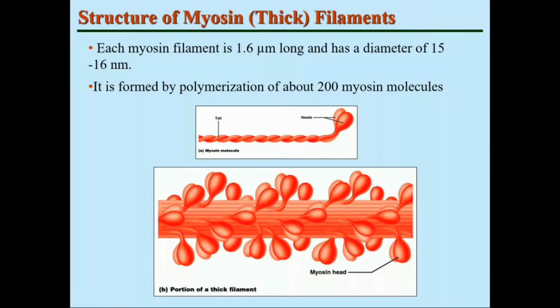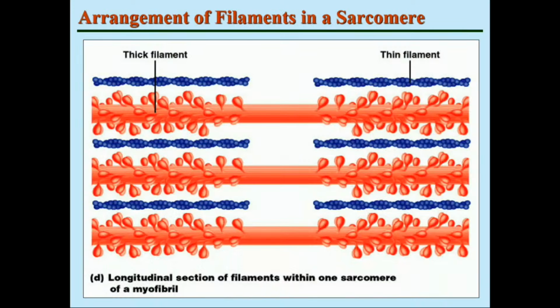Now this myosin filament is formed by polymerization of about 200 myosin molecules. One myosin molecule is shown over here, and 200 such myosin molecules are arranged together, or polymerized together, to form the myosin filament.